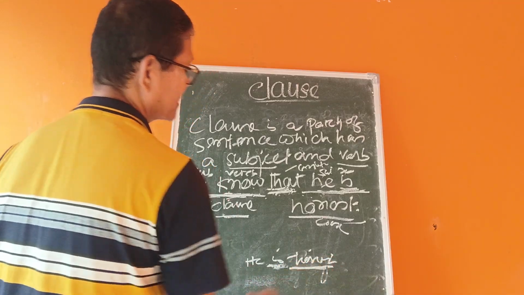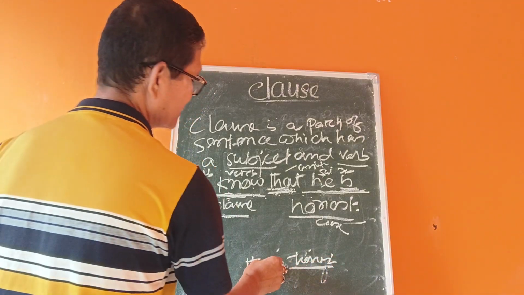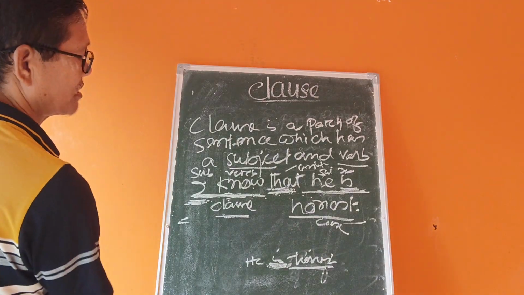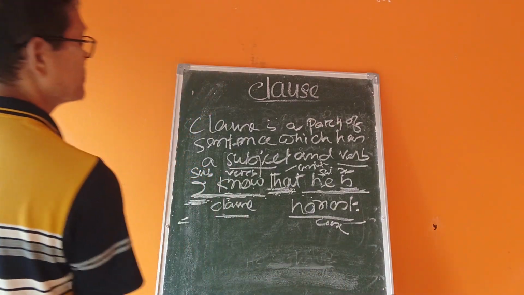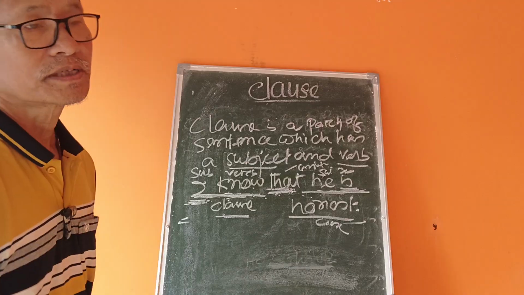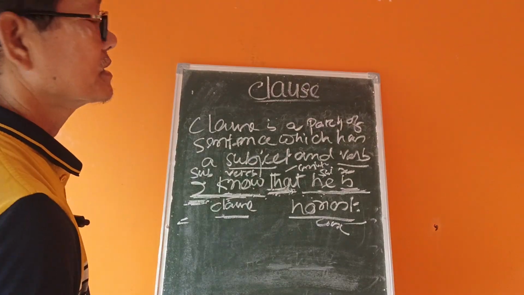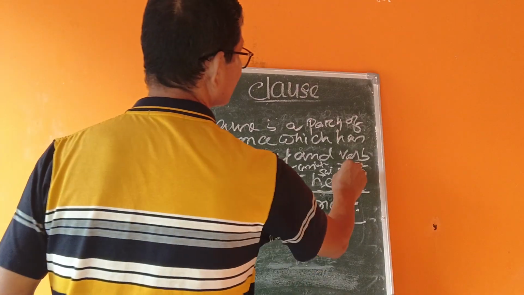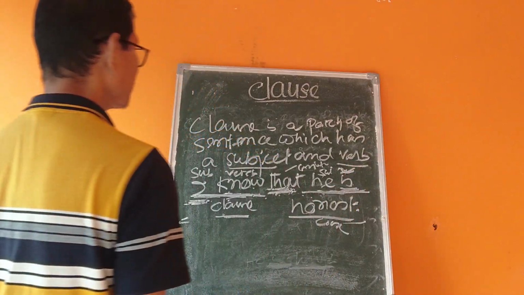There is the adjective. Honest is an adjective, and therefore is takes the role of main verb. Some students have doubt about this. That's why I explained it. Sometimes a helping verb also takes the role of main verb, isn't it? And that's why it is a verb.